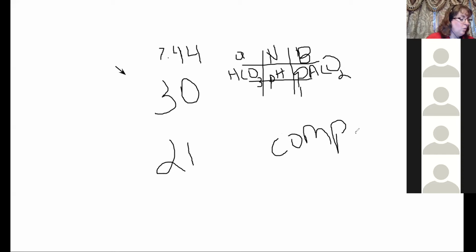All right, and then what else would you say about this to figure out what it is? Remember we said 7.35 to 7.45 was our normal pH, and we have 7.44 here. Is that closer to acidosis or alkalosis?